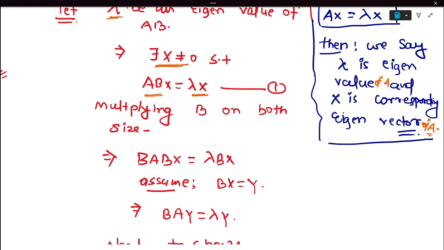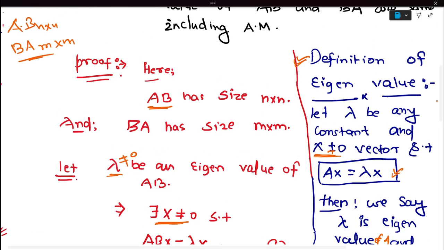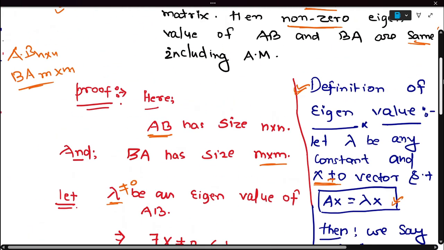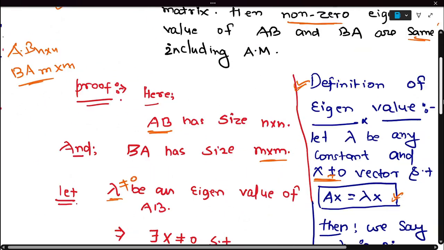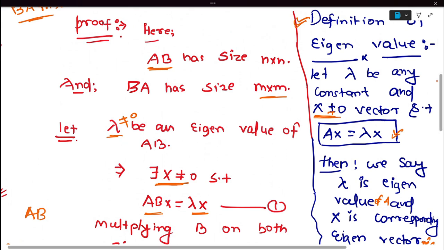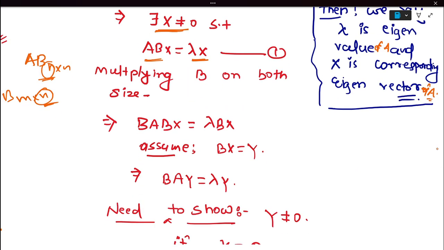Now multiply B on both sides. AB has size n cross n and B has size m cross n, so we can multiply, because the column and row sizes match. Multiplying, it will be BABx equals lambda, which is a constant, times Bx.